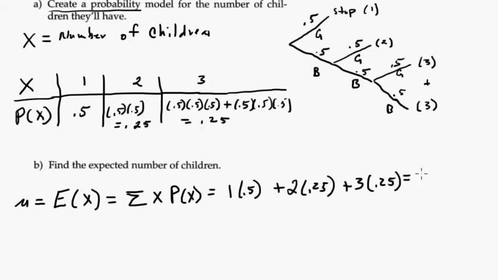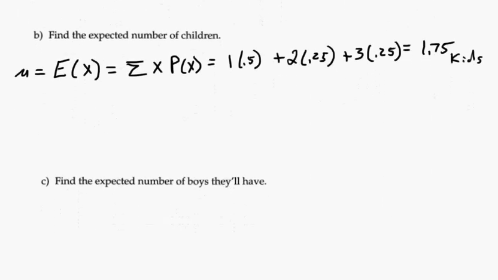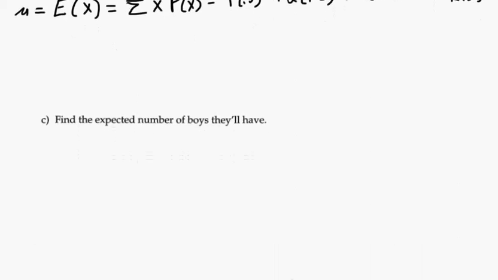And that comes out to be 1.75 kids. I don't think one couple could do this, but if many couples decided to do this, and we looked at the average number of kids across those couples, we would expect them to have 1.75 kids. So please don't ask me what 0.75 kids looks like in the real world.